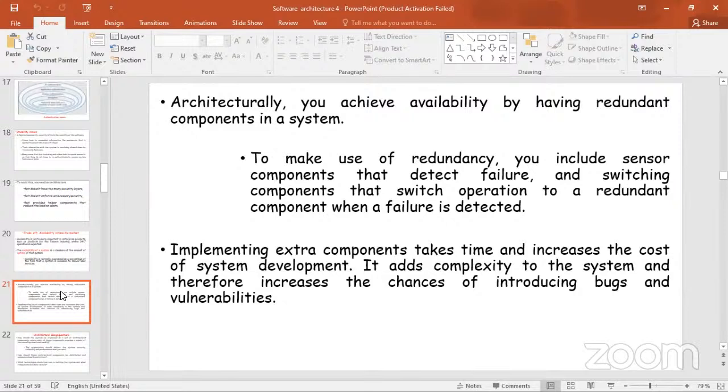right? But a time may come where probably the power source has been cut. That means there's no power supply. So what do you do? You can create a redundant service in such a way that a sensor detects that, look, there's no power supply, so let's roll over to, what's the name? Inverter.